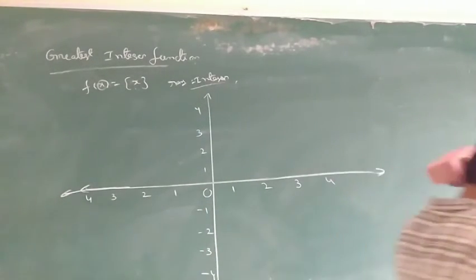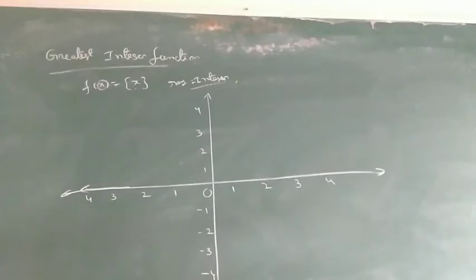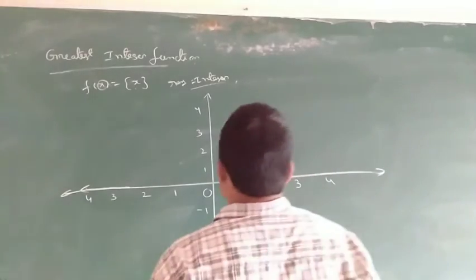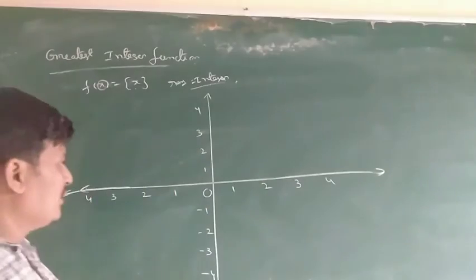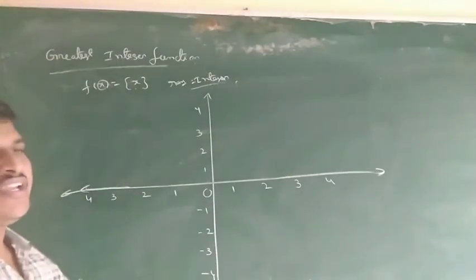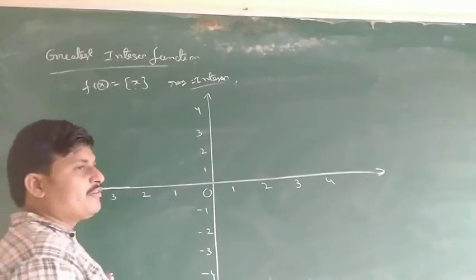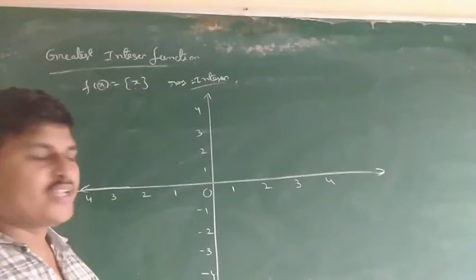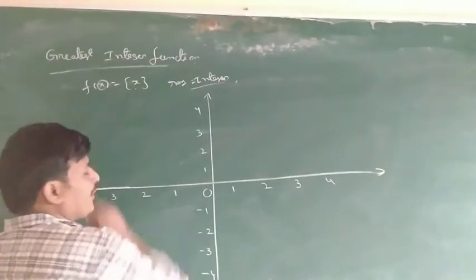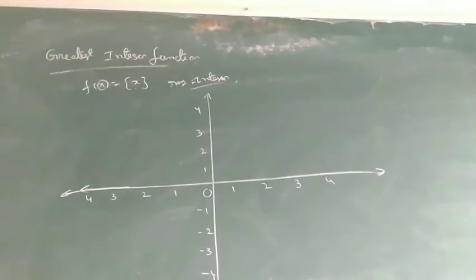From 0 to 1, you can take any value: 0.1, 0.2, 0.3. Step of 0.1 is equal to 0.